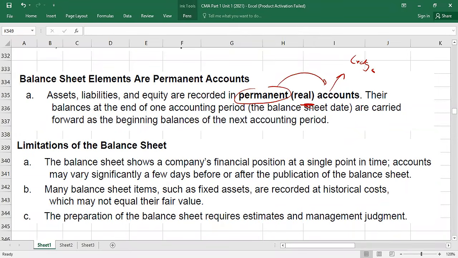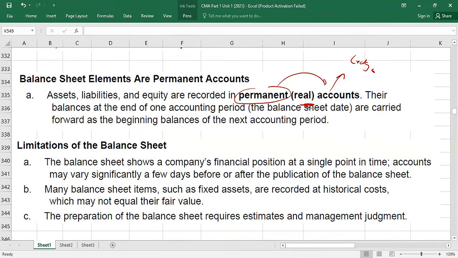Have you ever had an opening balance of revenue and a closing balance of revenue? An opening balance of maybe discount and a closing balance of discount? No. For the income statement, we don't have, because income statement ledgers we close every year. Next year we open new ledgers. But balance sheet ledgers, we can continue with the same ledger for many years as long as we have the assets.